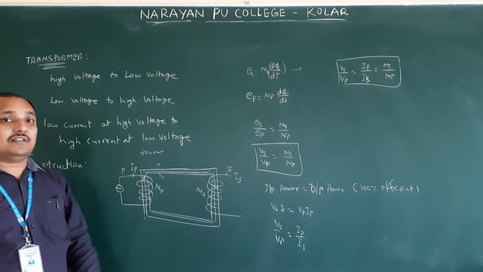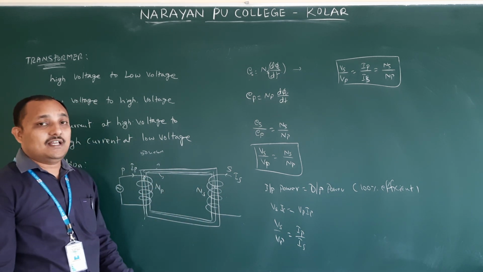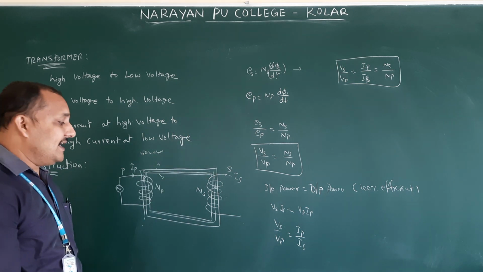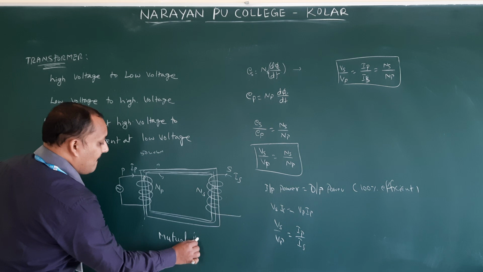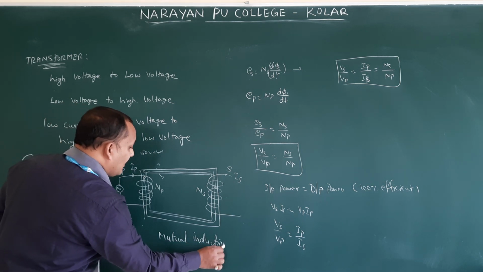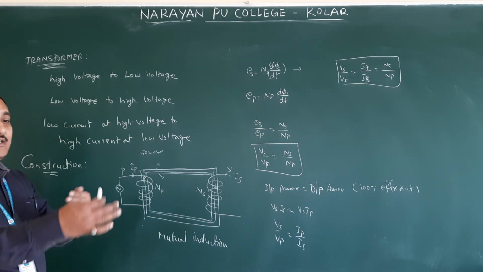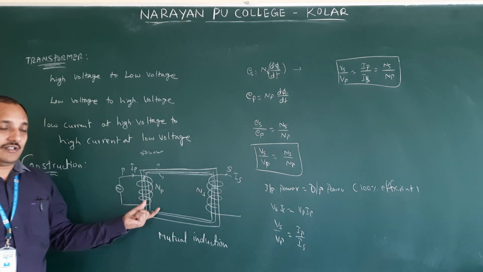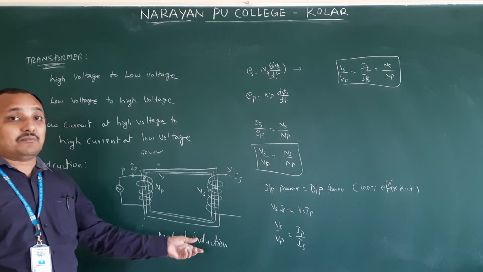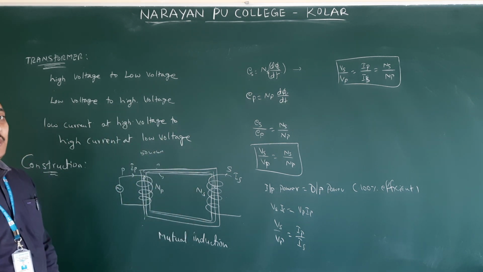Therefore this induction is nothing but mutual induction. So the principle of the transformer is mutual induction. In common words, mutual understanding means understanding between two people. This is also understanding between two coils. That is nothing but mutual induction. Mutual induction is the principle of the transformer.